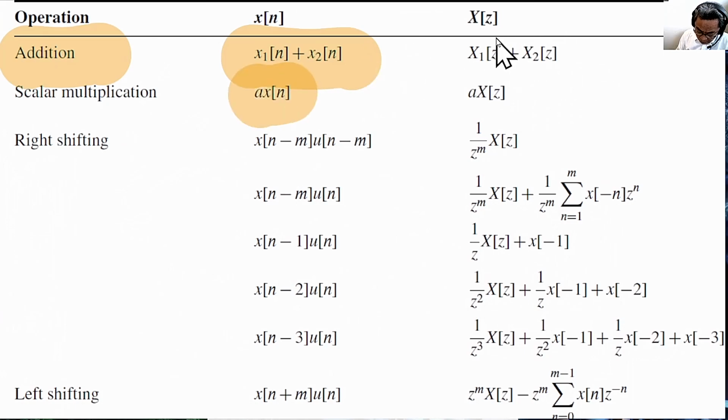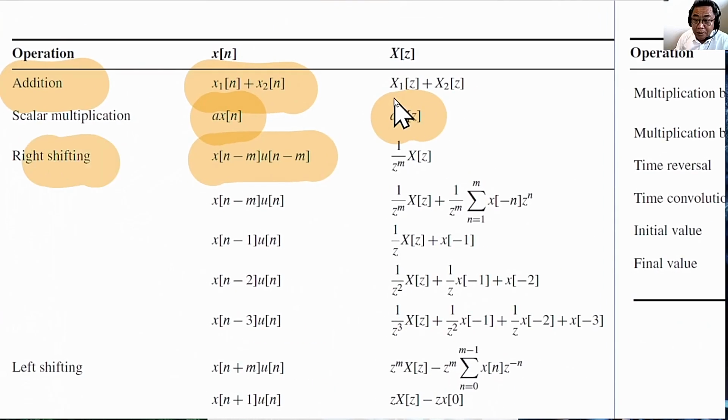For scalar multiplication of alpha times x[n], the alpha can be brought out. And now we have delay, time shifting, right time shifting, and sometimes we prefer to write z to the minus m times X of z.